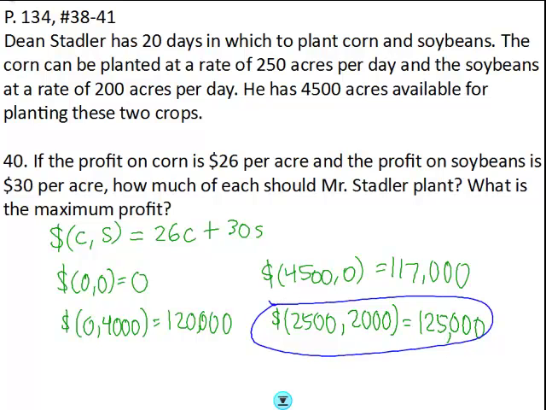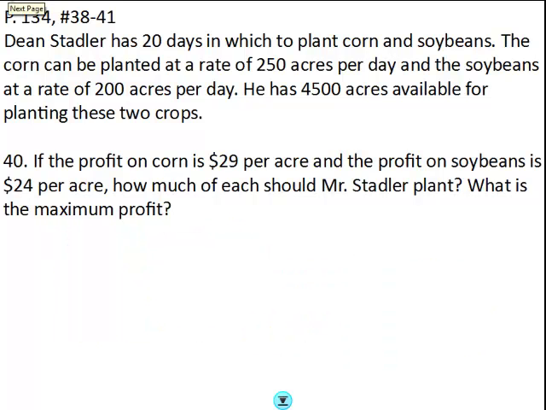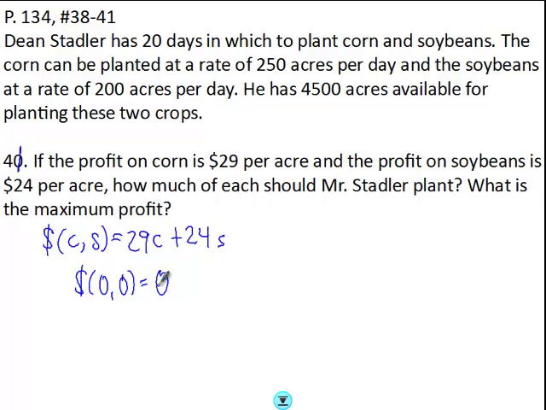Now, they switch it up just a little bit in number 41. Yeah, this is 41, because they changed the prices. So the function's slightly different. It still depends on corn and soybeans, but this time it's 29C plus 24S. In this case, we're going to run all the possibilities. 0, 0 is still going to earn me no money. If I plant just soybeans, 4,000 times 24 is $96,000.